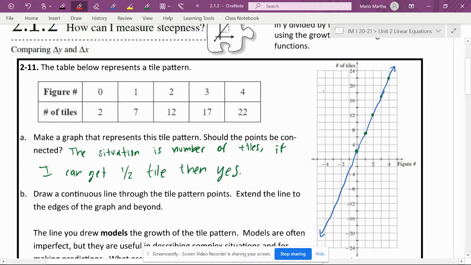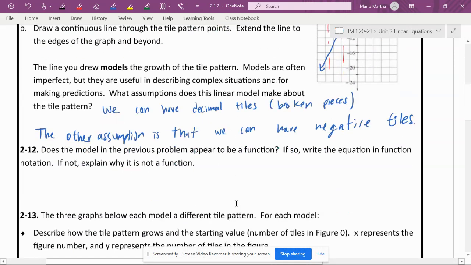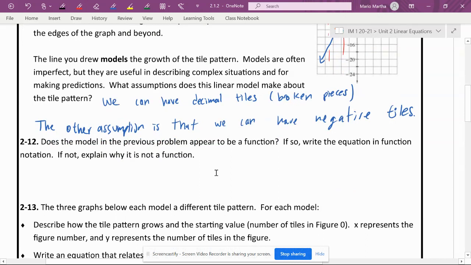If we draw a vertical line through any part of the graph, if it touches more than one point, then it's not a function. So in this case, yes, it is a function. It passes the vertical line test.